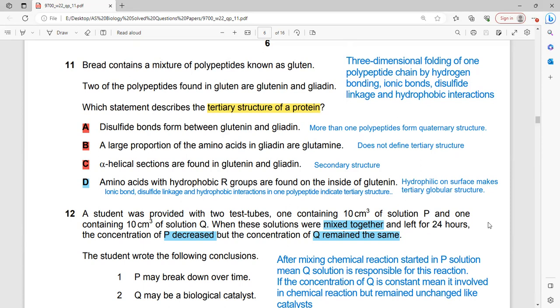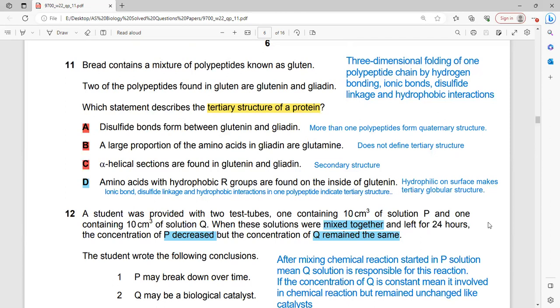In option A, the disulfide bond is formed between glutenin and gliadin. These are two polypeptides, and when two polypeptides join together, they make quaternary structure. So that's not tertiary structure.